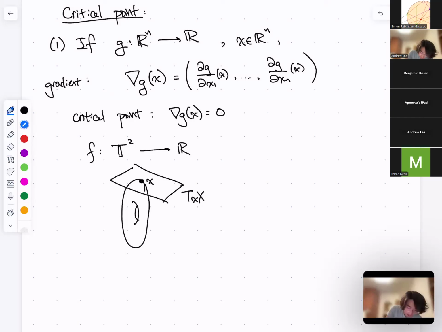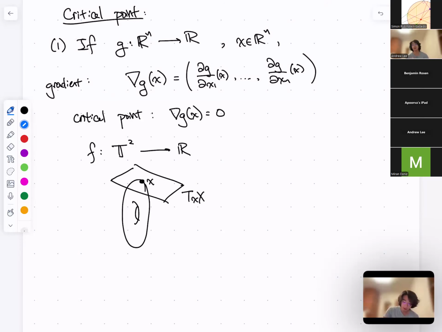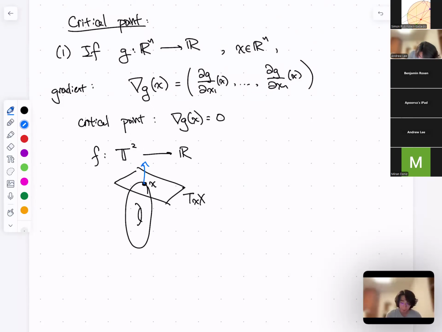And let's say that I figure out what the gradient is. It looks something like this. The gradient of the height function should be just the unit vector pointing upwards. But then what I need to do is restrict it to the torus. And so what I do is project it down so that it's inside of this tangent space.